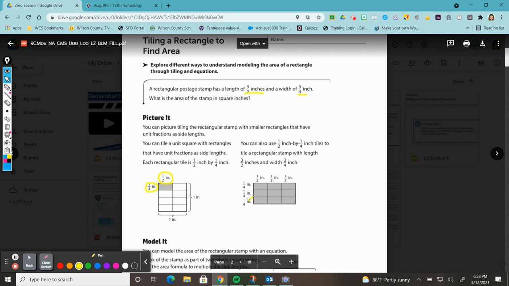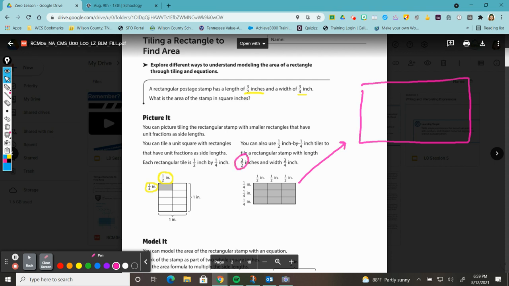So they have another box here, another model that they have drawn. This is the postage stamp. And here is how they got that box. What they did was they created a rectangle, and they said 3/2 inches.